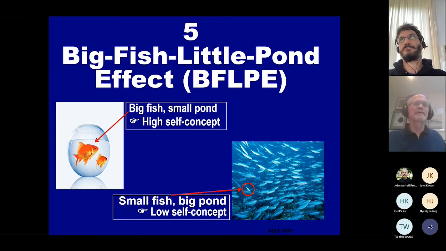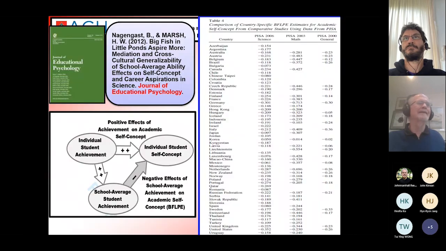And this is the big fish, little pond effect. That's basically saying that it's pretty universal that students, and people in general, use social comparison. And if you use a social comparison process, the contextual effect on self-concept is going to be negative.